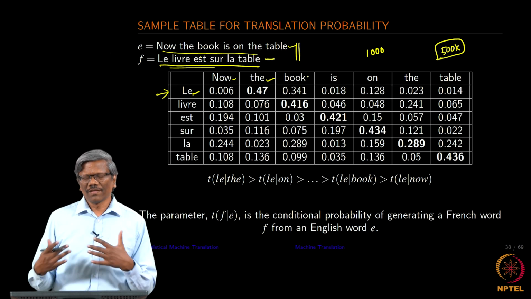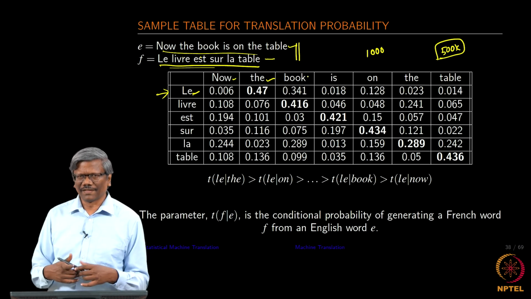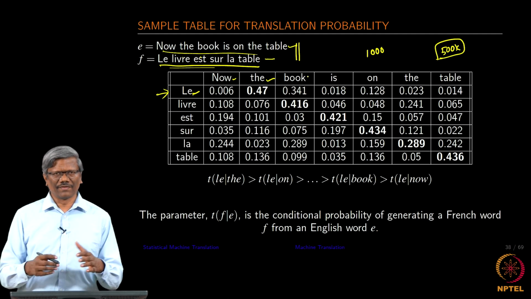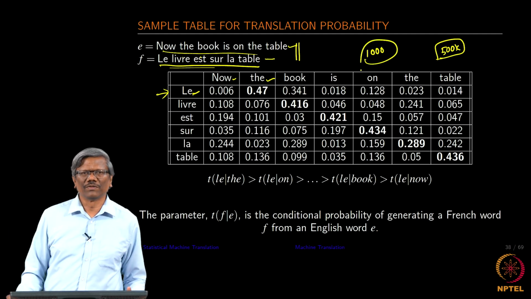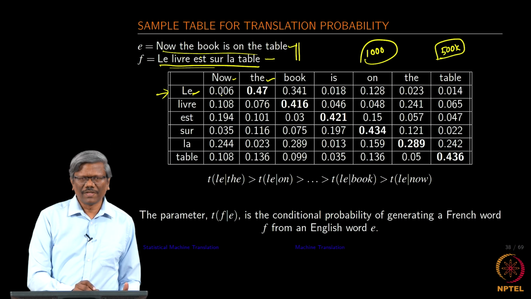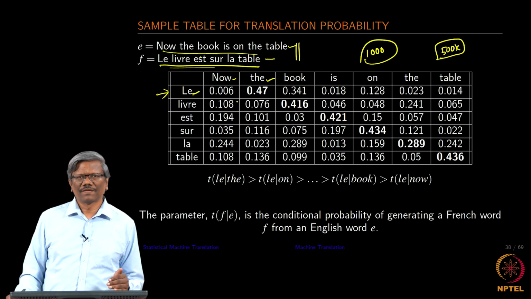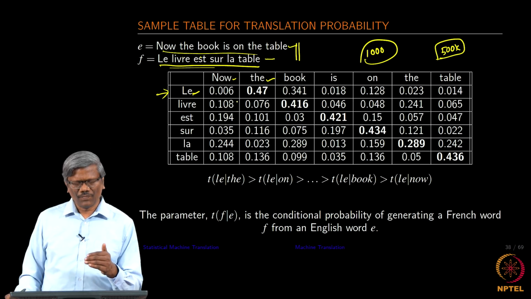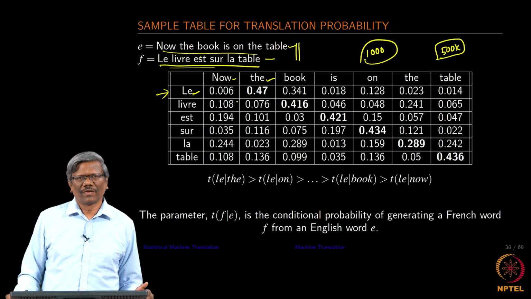So, assuming that we have a very ideal set of translation that we received in these 1000, we constructed a table using the number of times le is aligned to the. So, how do you count that?